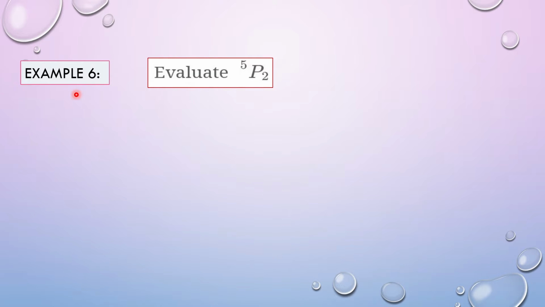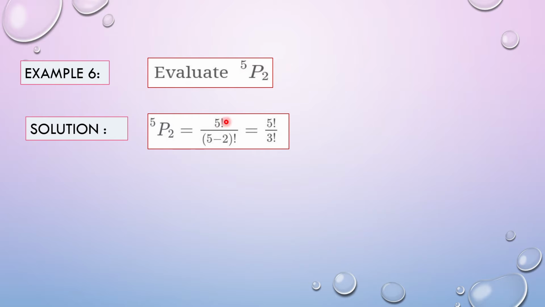Example 6, evaluate 5P2. So 5P2, remember the formula nPr equals n factorial over (n minus r) factorial. So here 5P2 equals 5 factorial over (5 minus 2) factorial.